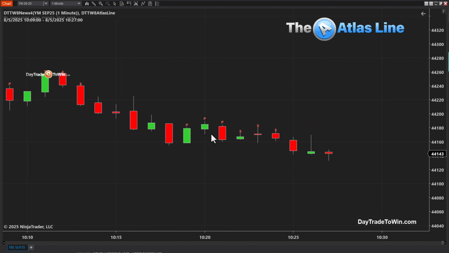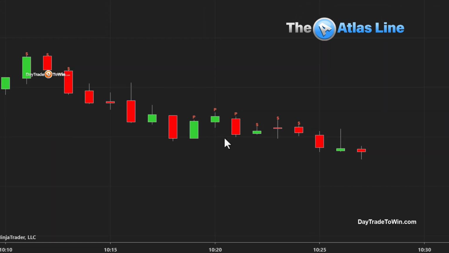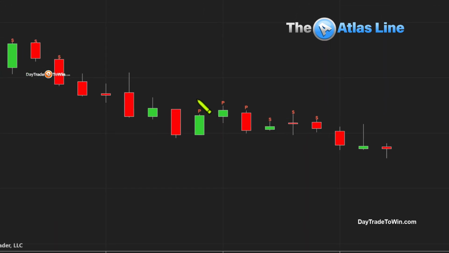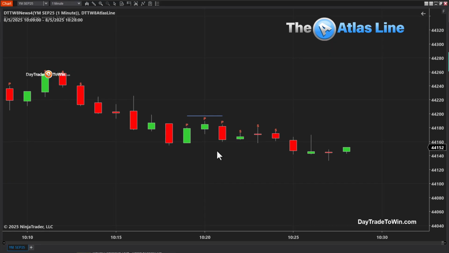And you can see that this here is a pullback trade with these P's. So I'm going to put a line here which indicates the pivot of how this was formulated. And if the market goes up, that's my stop, just above the P or just above where you see the letters indicating that we are going short on a pullback to sell the market. The same thing with the S's.